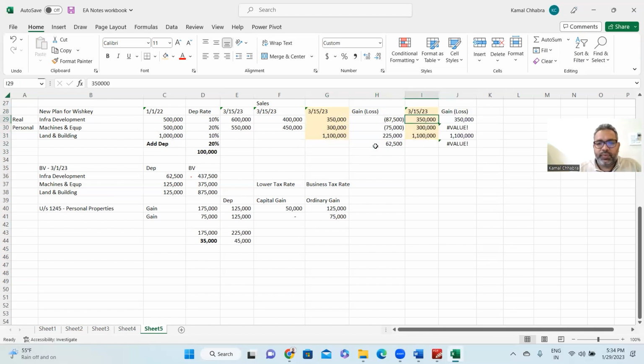And here, assume one more example. I'm just extending one more example over here. Sales minus the book value.